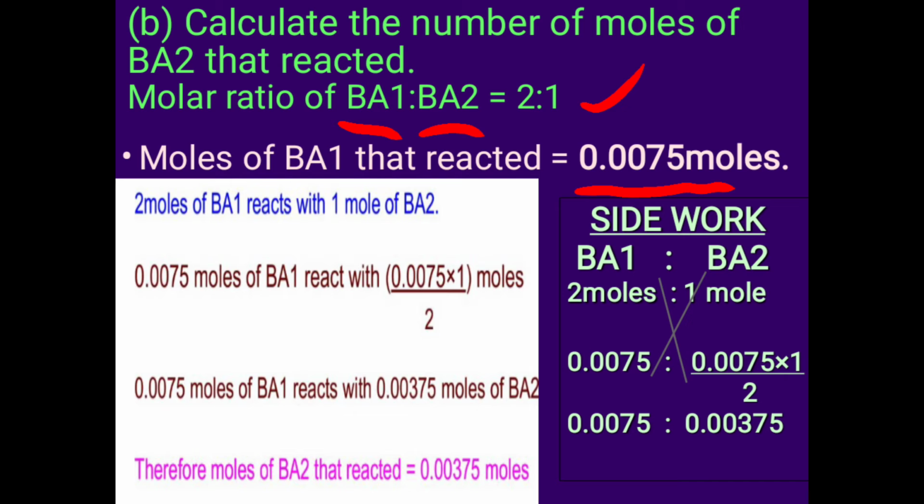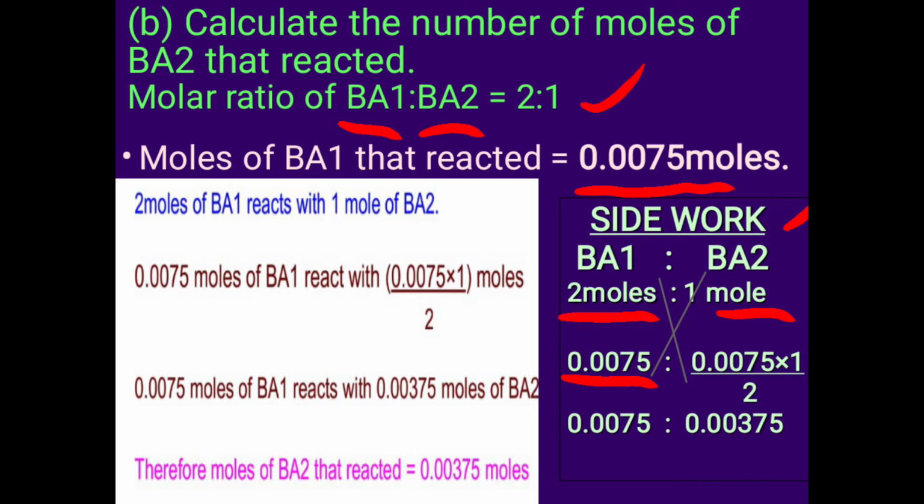Let us go straight and look at our side work here. What is being given to us? Ba1, Ba2. The moles of Ba1 which reacted are 2 moles. Then moles of Ba2 that reacted are 1 mole. Then what about the moles which we calculated? Remember, we calculated 0.0075 moles.